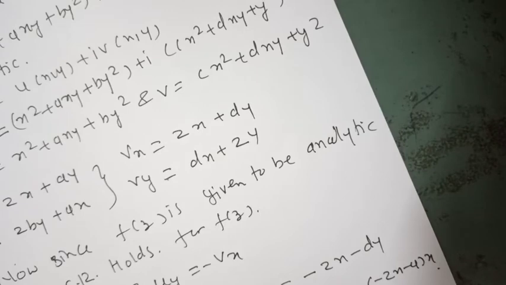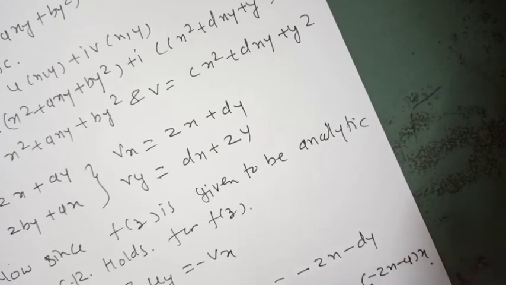Putting this value in this equation, we get twice b plus d into y equals minus (2 minus a) into (2 minus a) upon (2 minus d) into y.